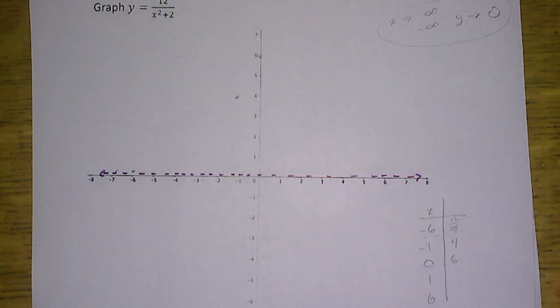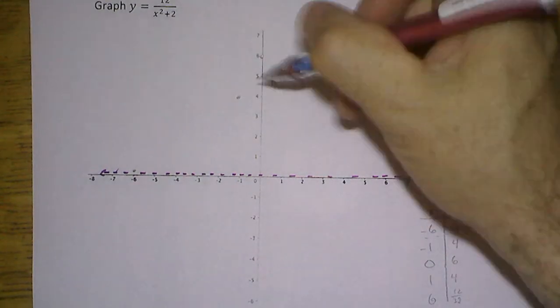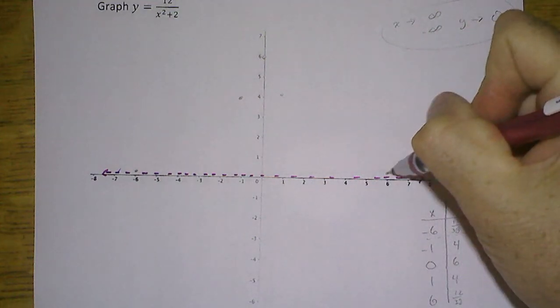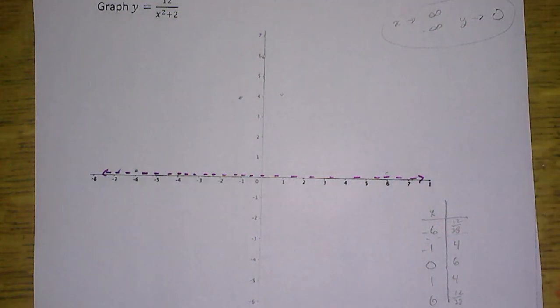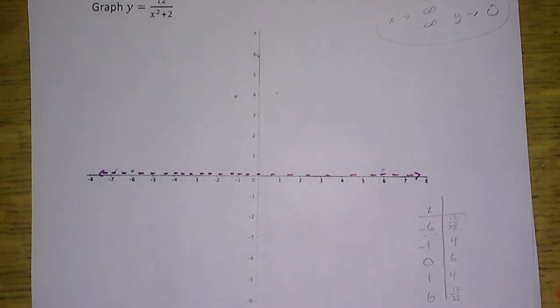I'm going to connect them in the most rational way possible. No pun intended. Anyways, you could easily plug in these x values and get these y values. So I'm just going to plug in points. Now, it's almost like a shotgun approach to graphing, isn't it? It's just taking random x points and graphing them.